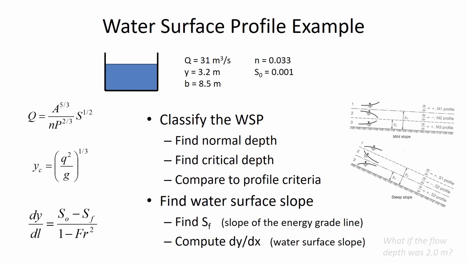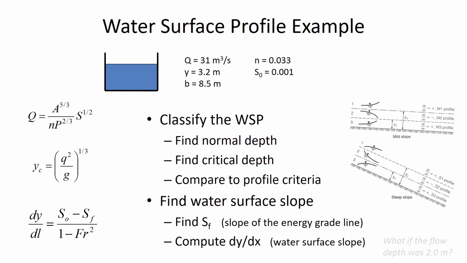In other words, where in zone 1, 2, or 3 does our existing depth of 3.2 meters fall? And is the slope mild or steep? And so is this M1, M2, M3, S1, S2, S3, and so on?